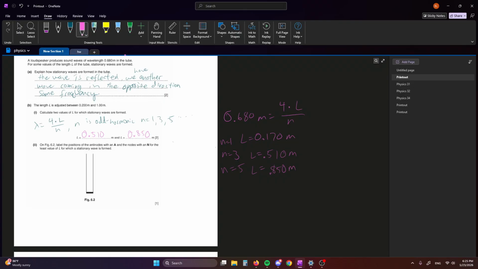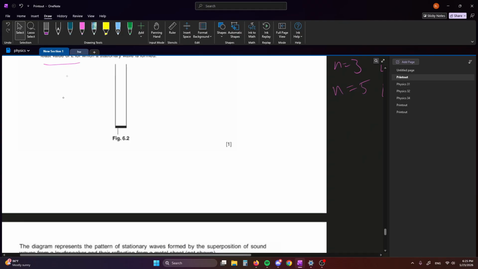So now label the positions of the antinodes with an A and the nodes with an N for the least value. So for the least value, it's going to be something like, it's so hard to draw this precisely. So the main thing is that we actually start at an antinode and then we end at a node.